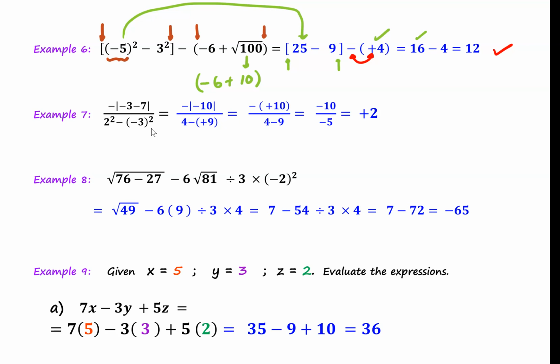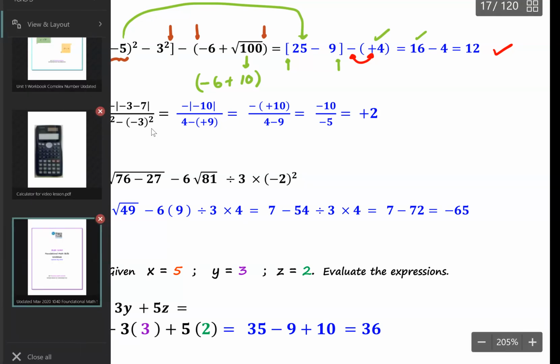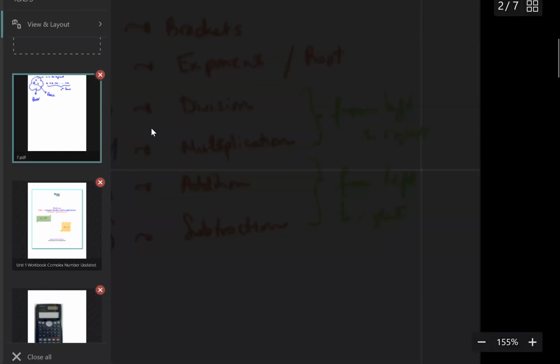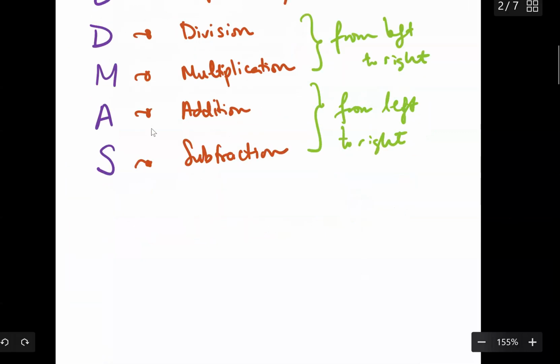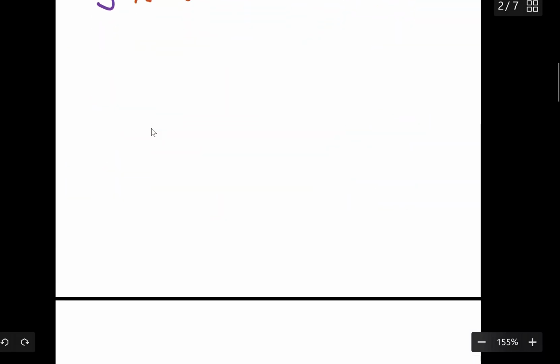Okay, so this question written in terms of a fraction, it seems to be complex, but what we need to do is we have to think of it as this. So let me go on to this slide and I will explain to everyone how to interpret this question.